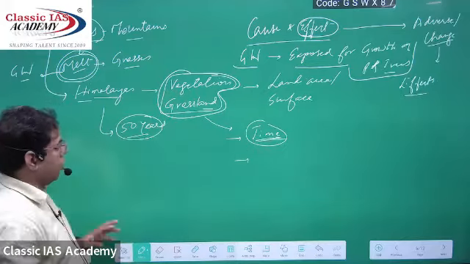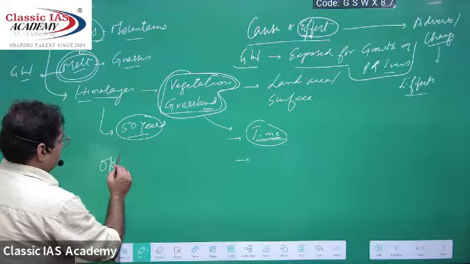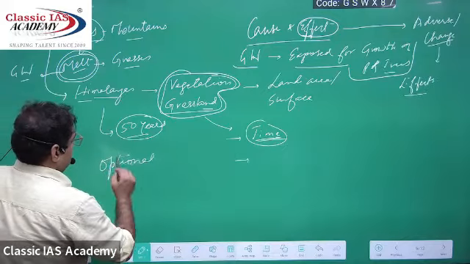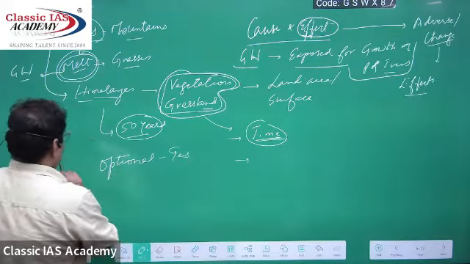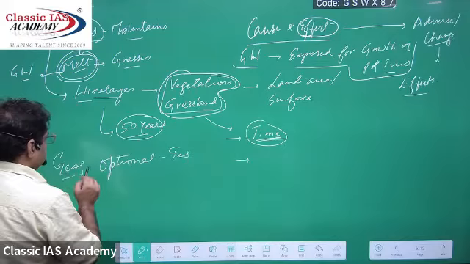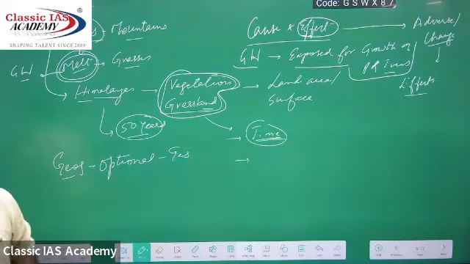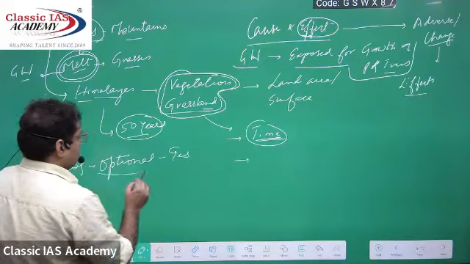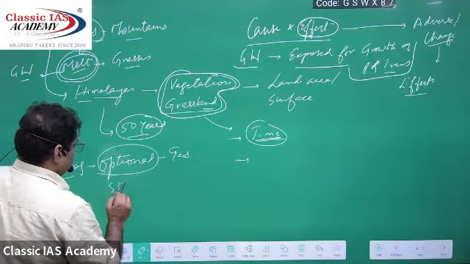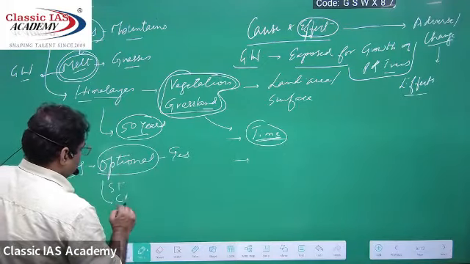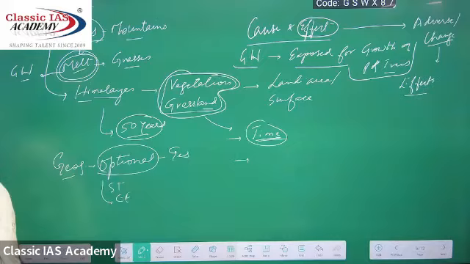Whether geography optional or GS, this is all the geographical studies. You have to study optional in these two parameters only, spatio-temporal and cause and effect relationship. Right, that is geography. Right, next.